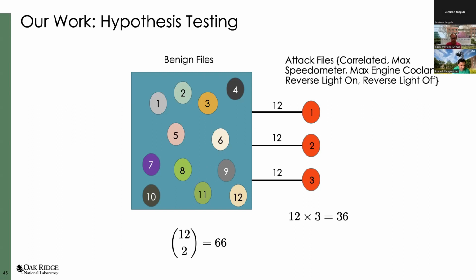At the end, we have comparisons between distributions of similarity of dendrograms, and our criterion is that if the dendrograms are very different, it might be because of an attack.